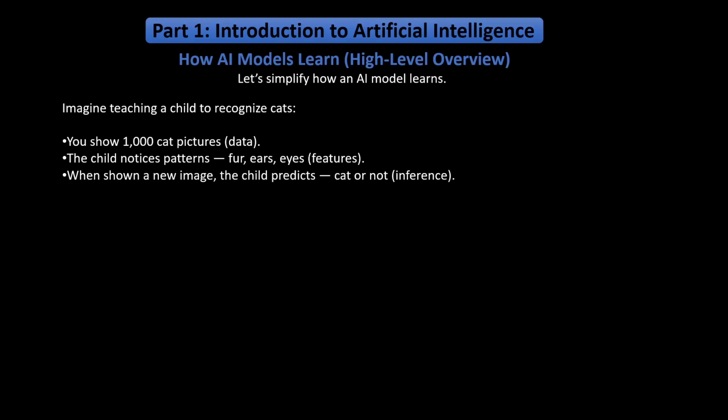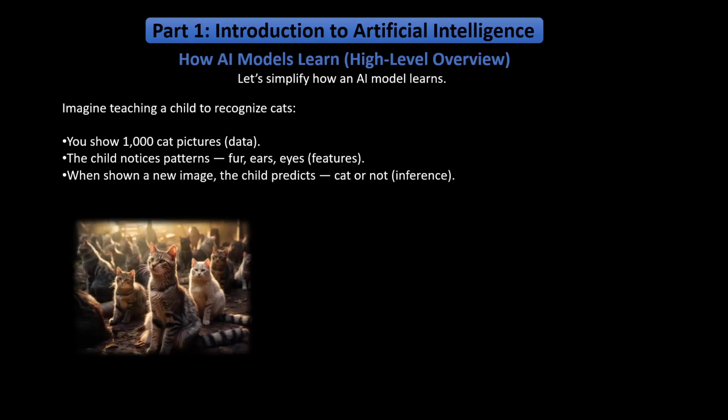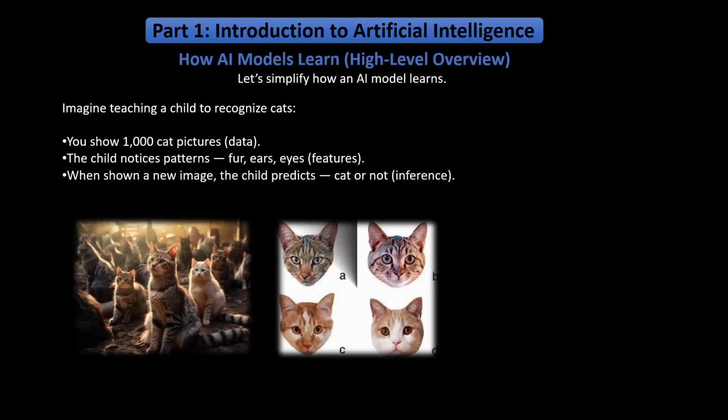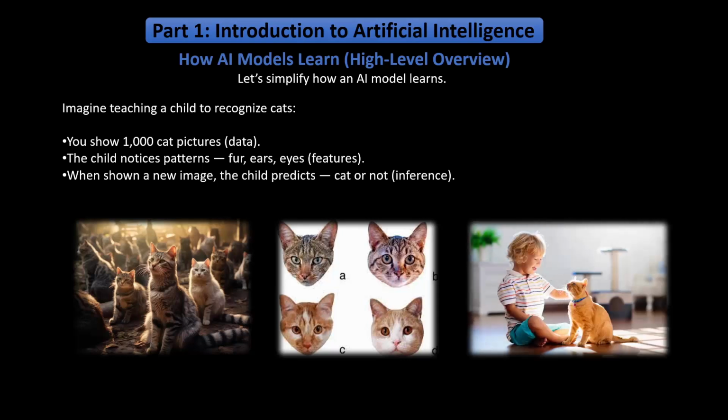Now, what will the child do? The child will notice different patterns like the fur, cat ears, nose, eyes, or different features. And based on those features, within all the 1000 images, the child will automatically learn and understand different cats with each image. Now let's say in future you are going to show a new image.